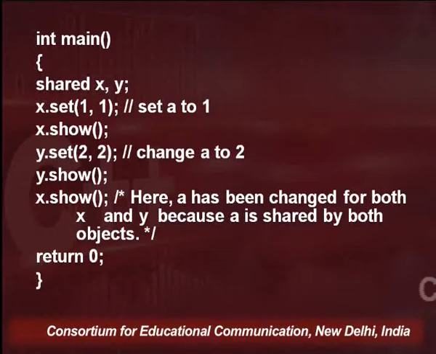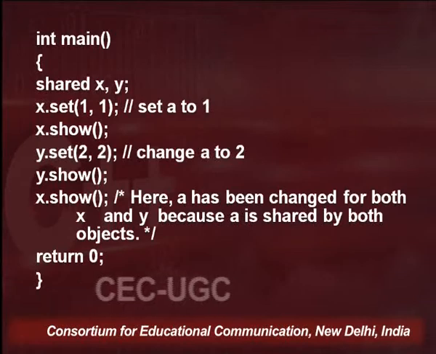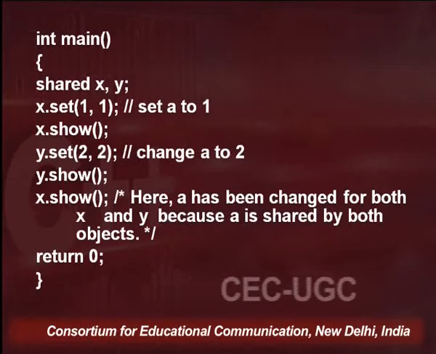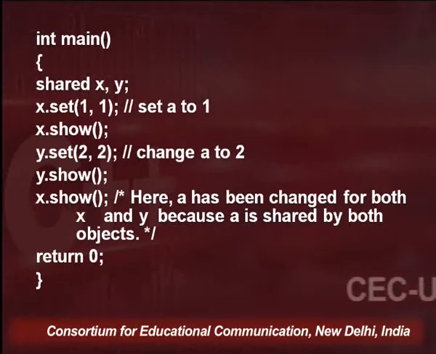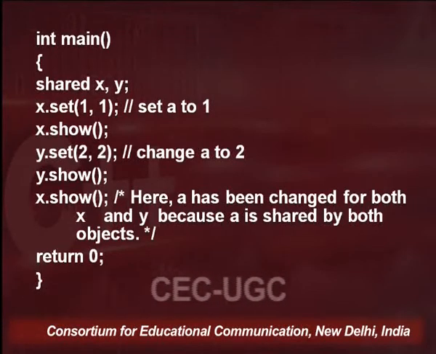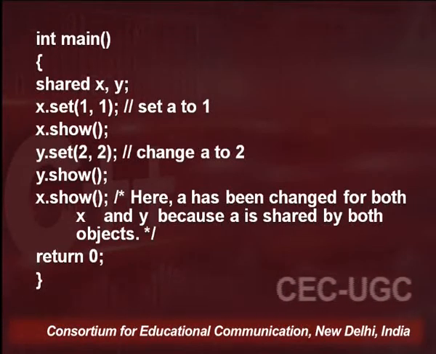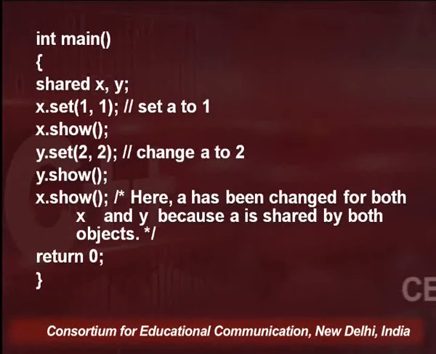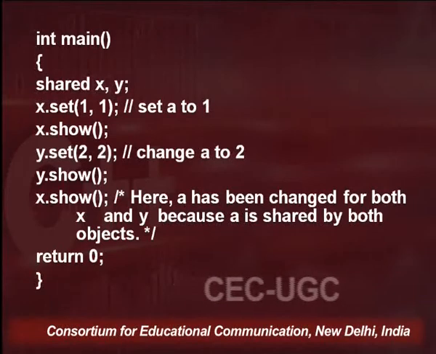And then there is a call of function show along with the object x, using the dot operator, so x dot show. This is going to say this is static variable a, value is 1, this is non-static variable b, value is 1.